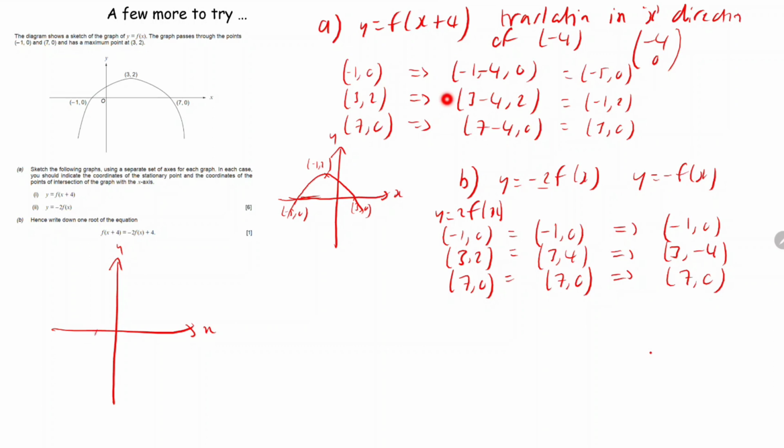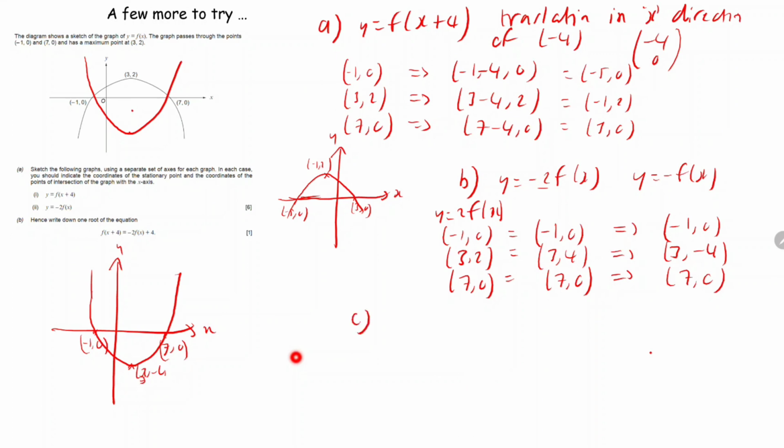Minus 1, 0. So the roots have stayed exactly where they were. And the maximum point now has become a minimum point, which is 3, minus 4. Down here, and the graph is going to do something like that. So it's been reflected down and stretched, giving us something like that.